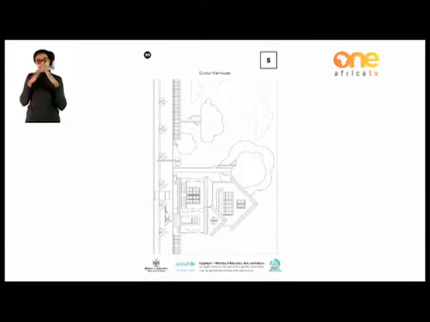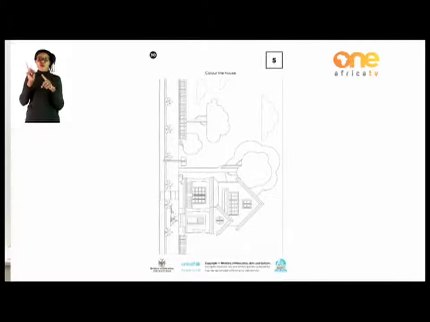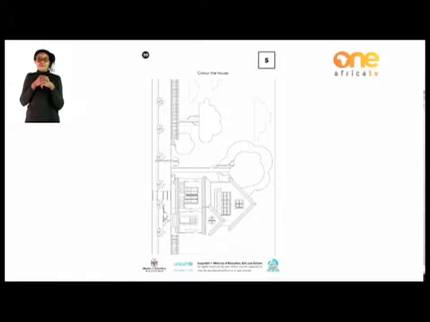Remember, we are busy with the theme house or houses. So what must you do on this page 30? You have to color the whole picture. Very, very good. And you must color it in colorful and in one direction and neatly. That is what you have to do on page 30.